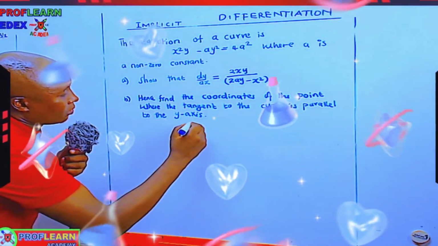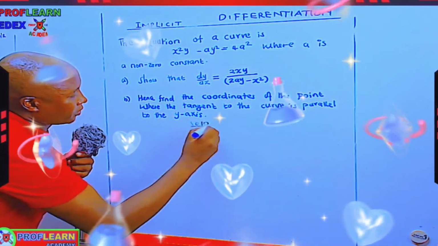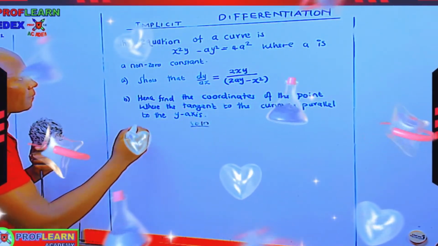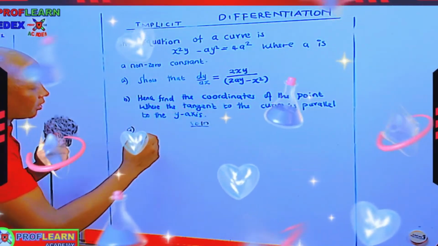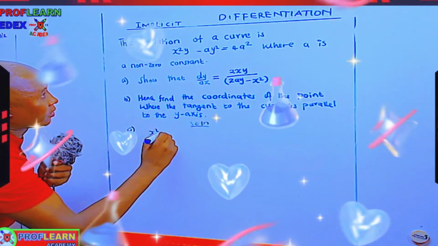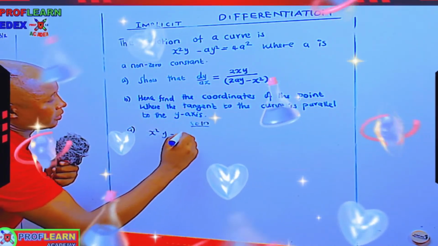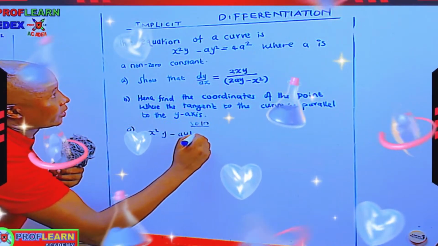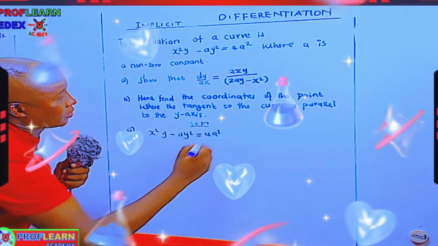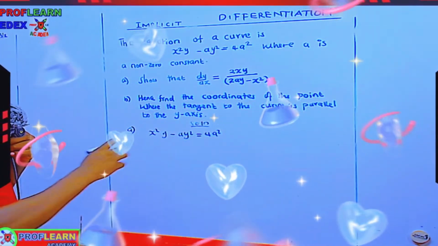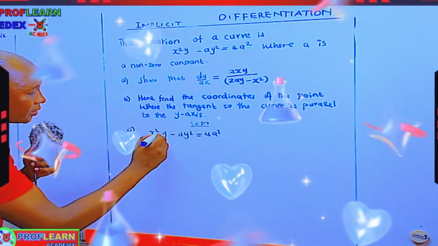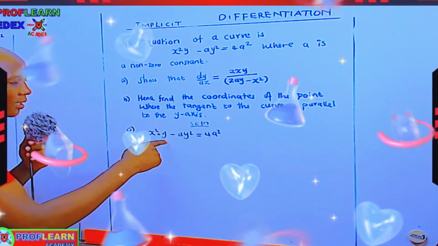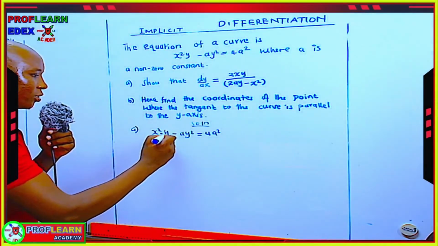Now, in order to work out the first part of the equation here, remember we are having x squared y, minus a y squared. In order to differentiate this term, you see here is a product of x squared and y. And remember, y is a function of x.